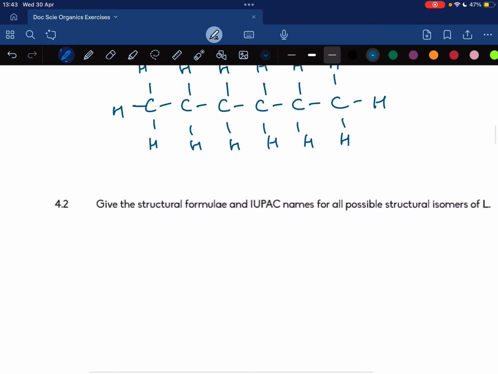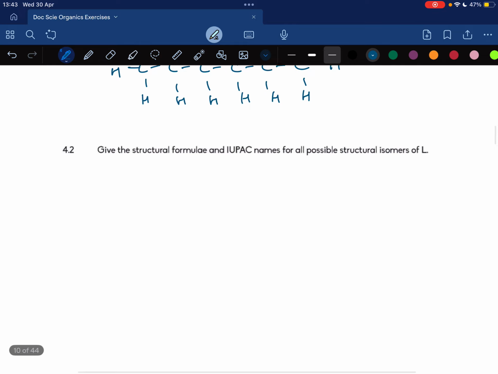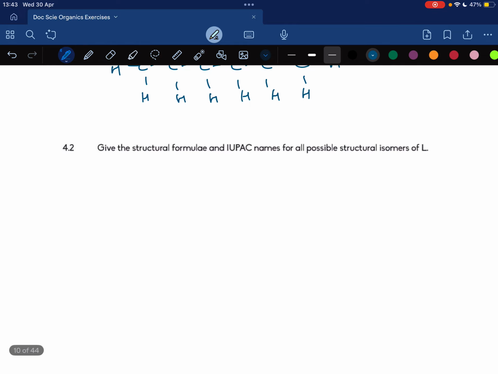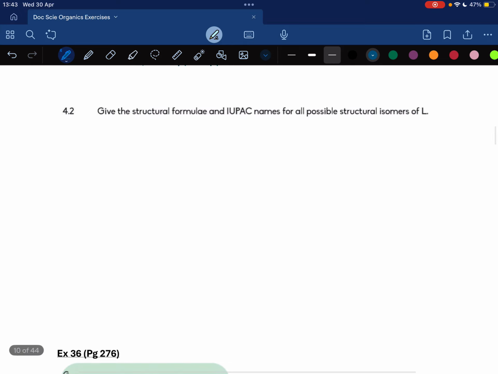Okay, and then 4.2 says give the structural formulae and IUPAC names for all possible isomers of L. So we'll have a look.